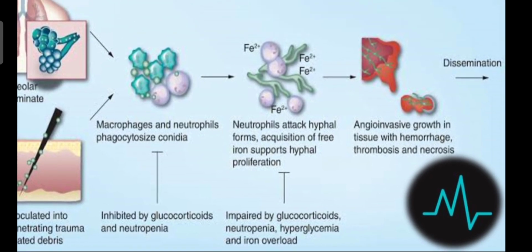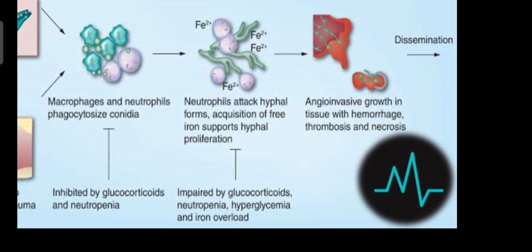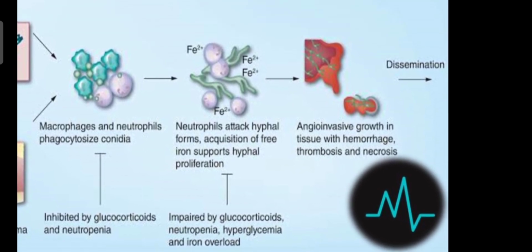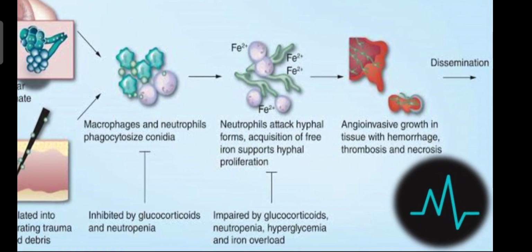Ultimately the hyphal form invades the vessels. As you can see, it is angio-invasive, and if it manages to invade the vessels, there will be formation of thrombus, right? We know that thrombus formation in the vessels will lead to blockage of the vessel, which will block the blood supply to that particular area, causing necrosis, right?